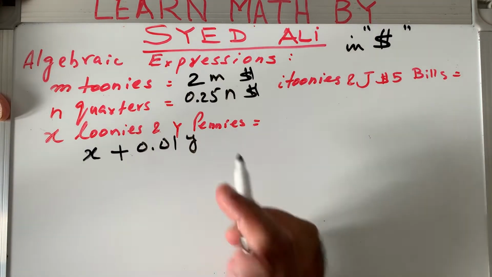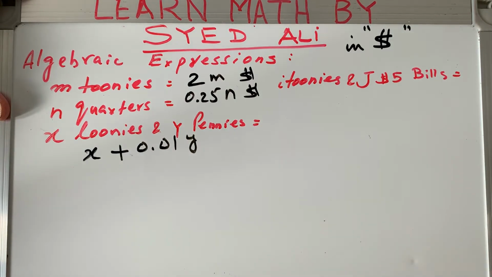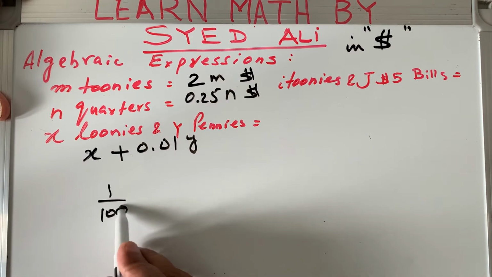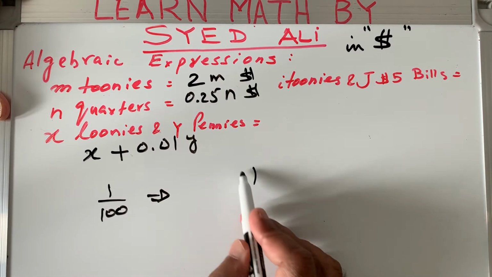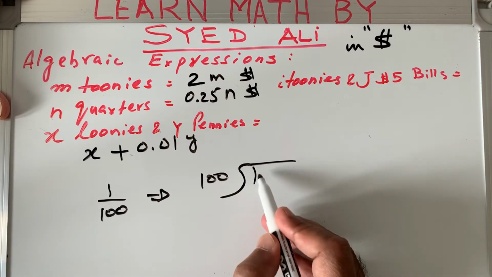So you guys know now, a penny is a 100th part. A 100th part means 1/100, and 1/100 means 0.01. You can divide. 100th part means 1/100. That is 1 divided by 100, right? So it's not going into 1 because 1 is smaller.